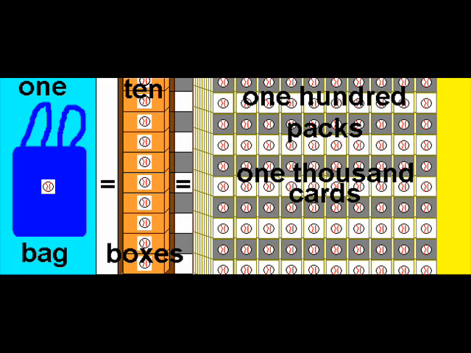Got that? It might sound a little cluttered, but all we did is open up all of our packages until we got down to how many individual cards we have.